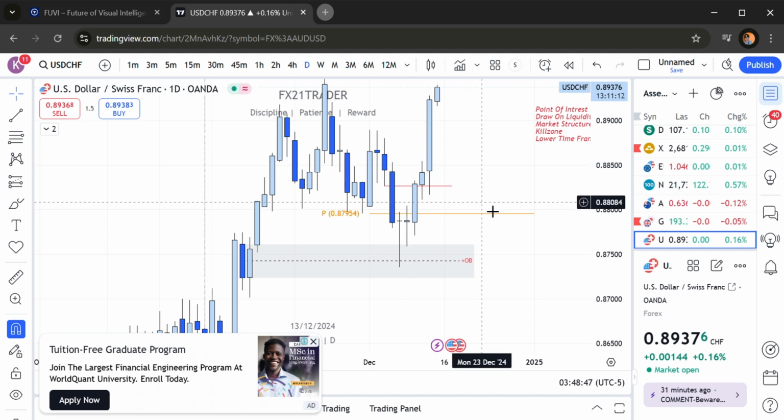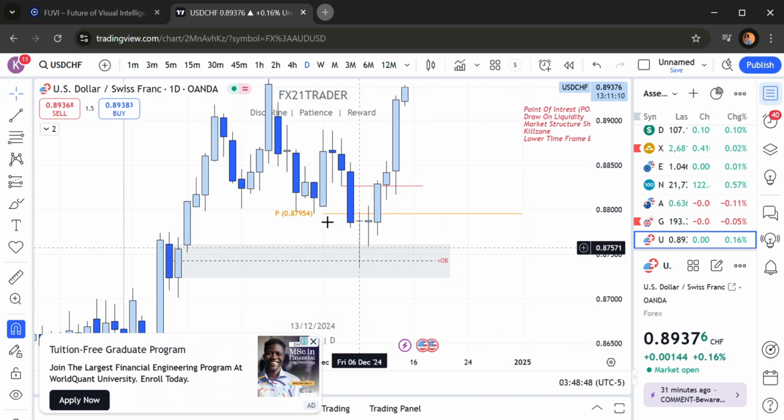We want to see bullish PD arrays holding price and bearish PD arrays rejecting, being disrespected. So any bearish PD array, we want to see it being disrespected.